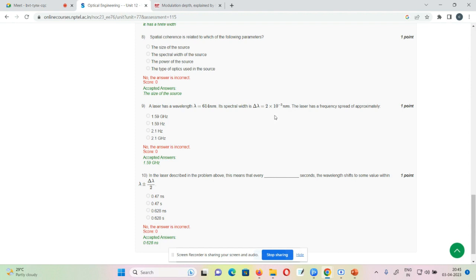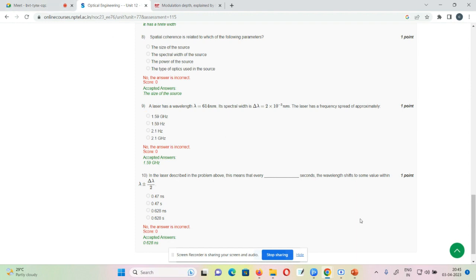How will you get the coherence time? That will be the reciprocal of your frequency shift or frequency spread. So what is your frequency spread in the above question?